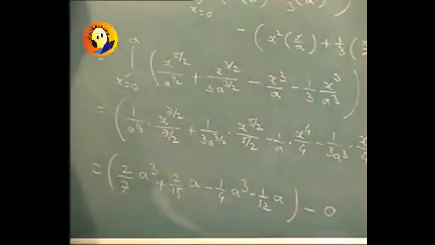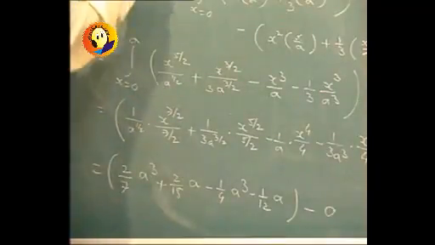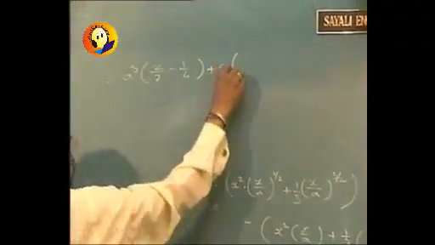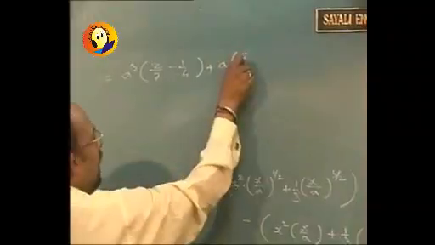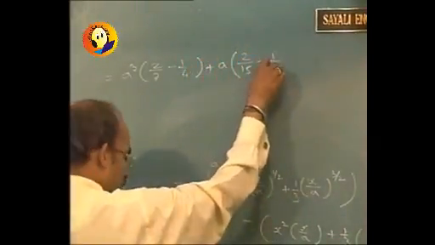And so you find that there are two terms of a cube. So it is a cube into bracket 2 by 7 minus 1 by 4, and there are two terms of a having coefficients as 2 by 15 and minus 1 by 12.